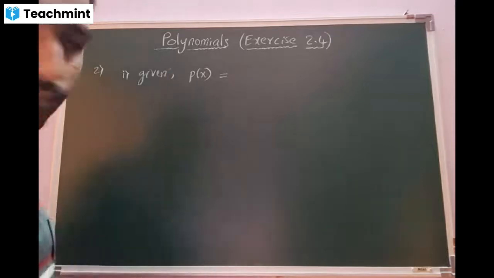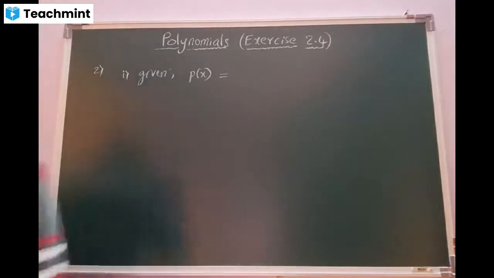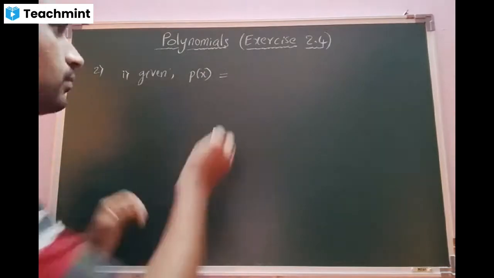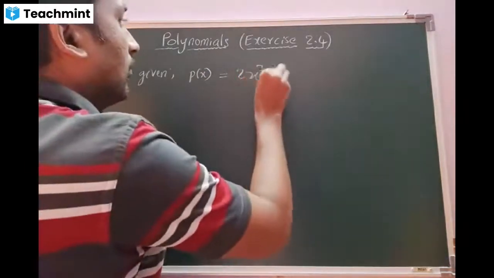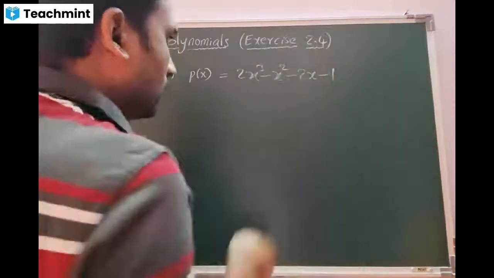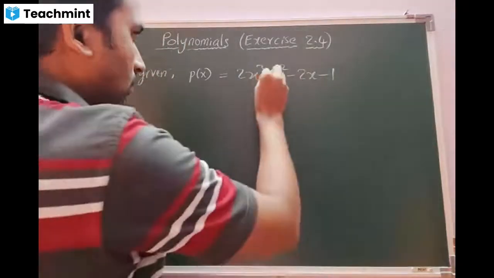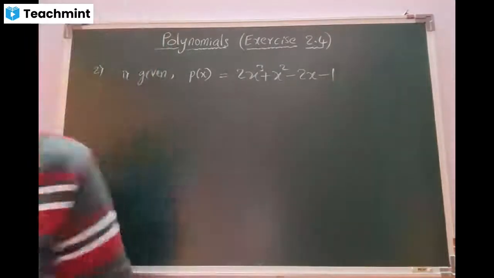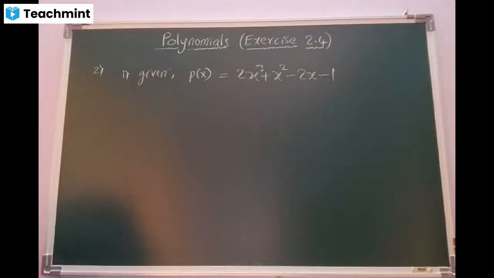First one: p(x) is equal to 2x cube plus x square minus 2x minus 1, g(x) is equal to x plus 1.